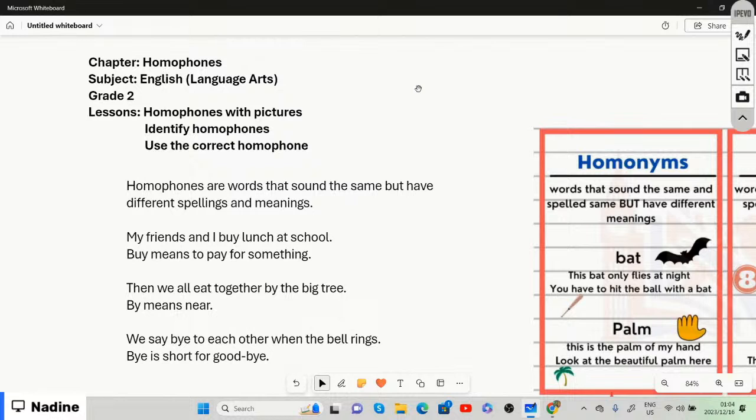And the lessons that we are going to be focusing on under the chapter of homophones are homophones with pictures, identify homophones, and use the correct homophone. So that is going to be our lessons for today.